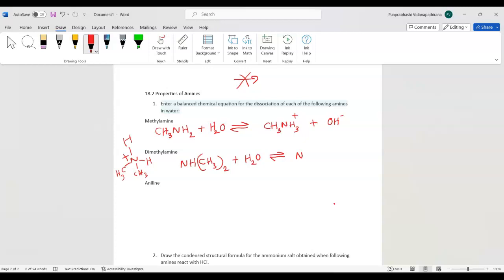So now it should be NH2(CH3)2, and I will write the positive charge after writing the formula. This is an ammonium ion, and hydroxide ion is the other product. So this is a balanced chemical equation.